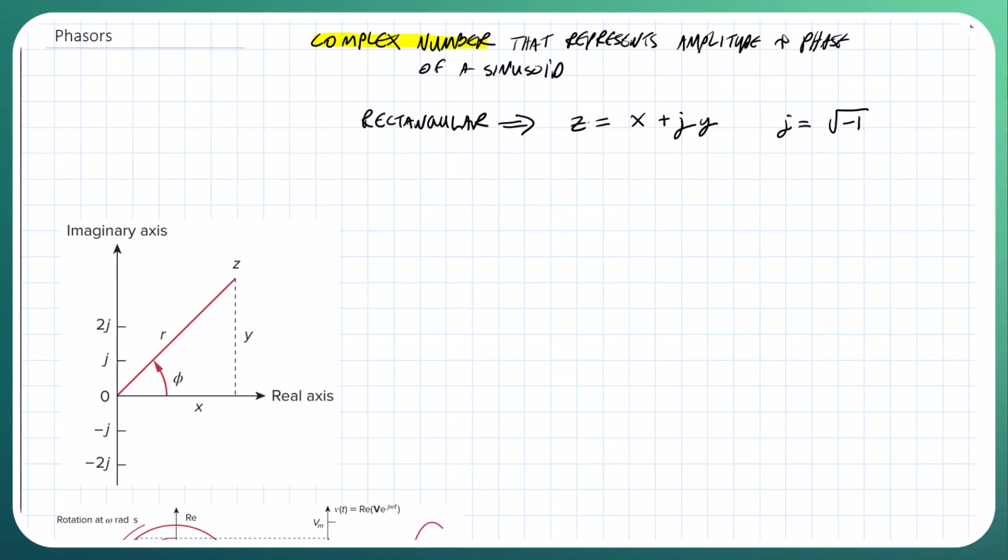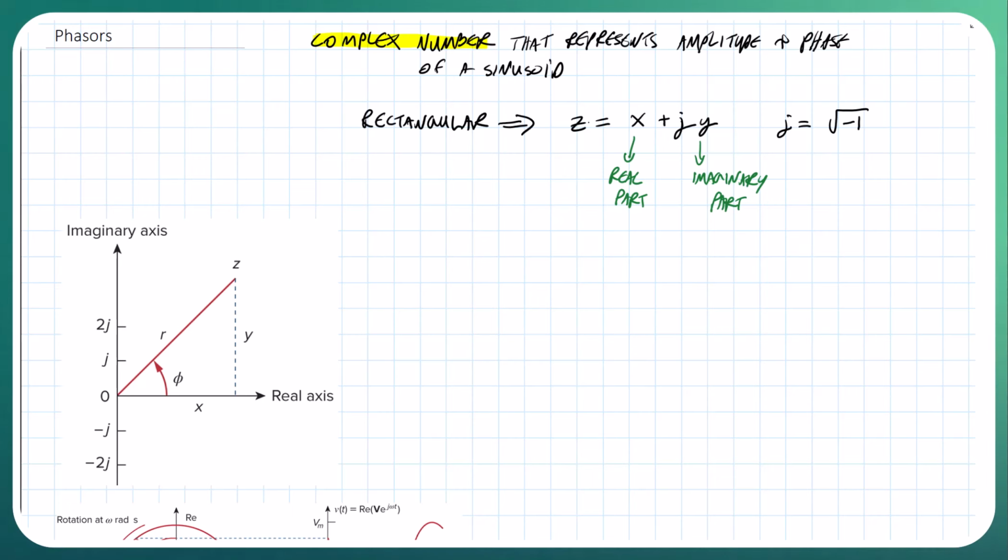Here x is the real part of z, and y is the imaginary part, and then we can see this in the graph here in a second. So this is rectangular form.